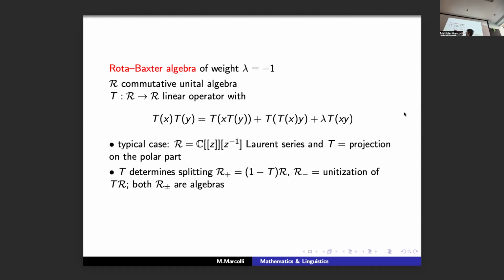Or rather, it's better reading it like this: if I take a product of two polar parts, the product is a sum of things that are T of something. So it's in the subspace. This is saying that these projections are not ring homomorphisms, but their range is a subalgebra. It's not just a subvector space.